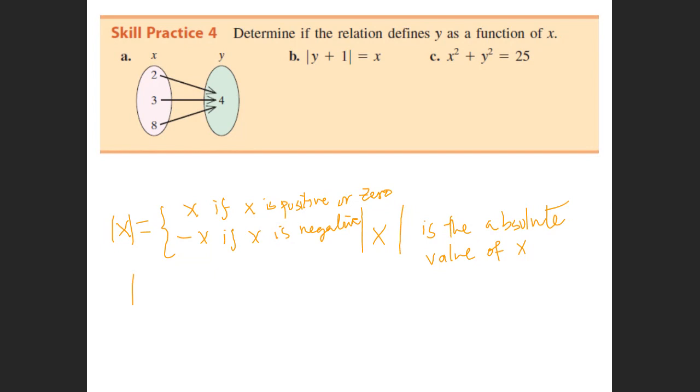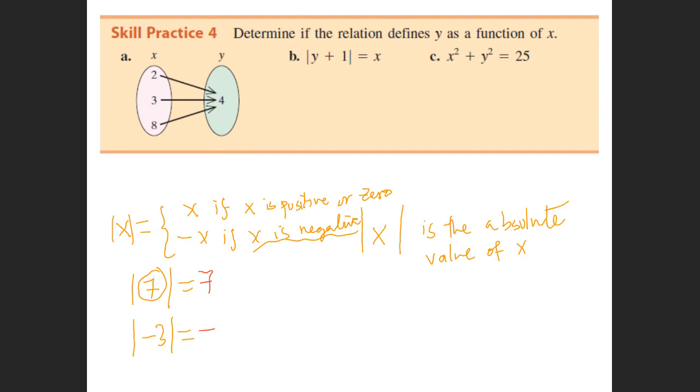So if you have the absolute value of 7, 7 is a positive number. Therefore, the absolute value is the number itself. Absolute value of minus 3, for example. Minus 3 is a negative number, so you have to multiply it by minus.